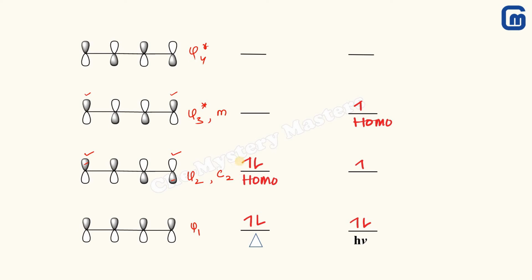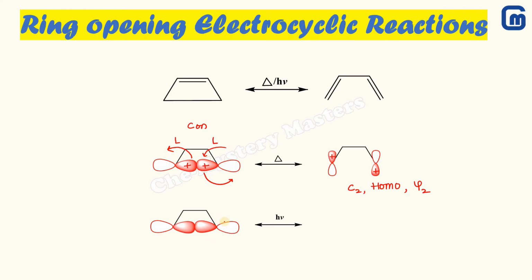When we are going to open this cyclic structure in light condition, we should get the mirror image of the orbital. So these two terminal orbitals which we have shown here, you can see, are in mirror symmetry, and this is the HOMO in hν condition, and this is our psi 3 star molecular orbital.